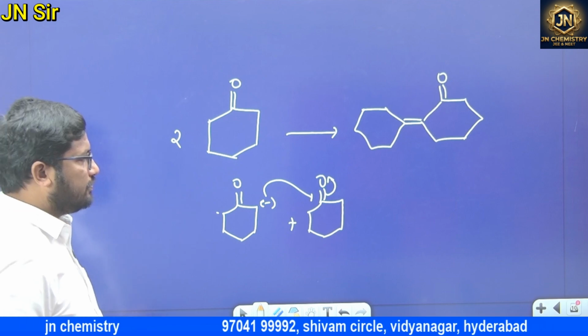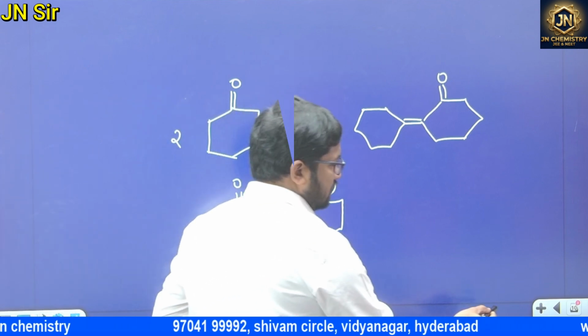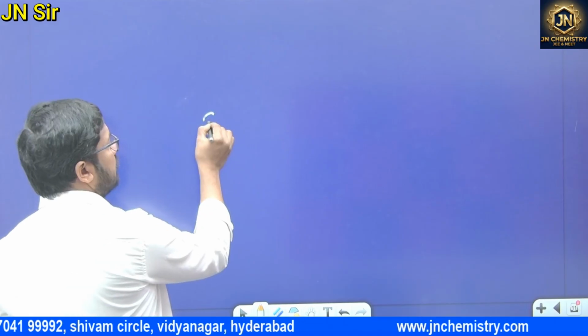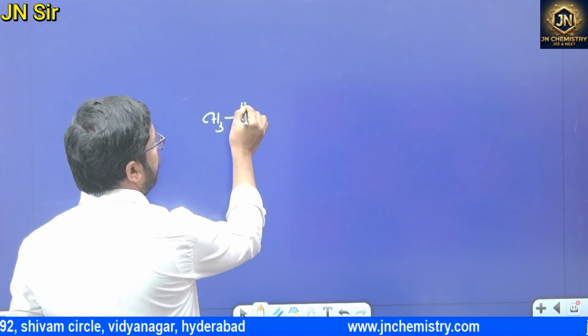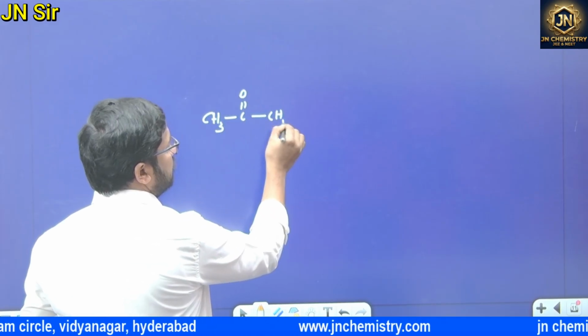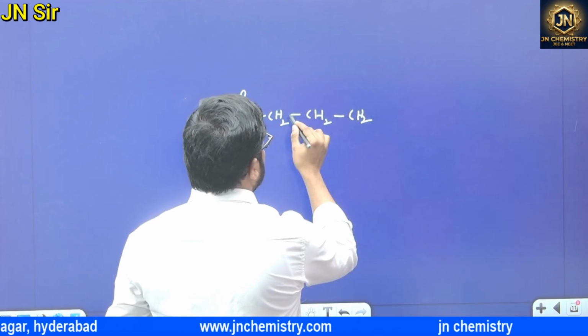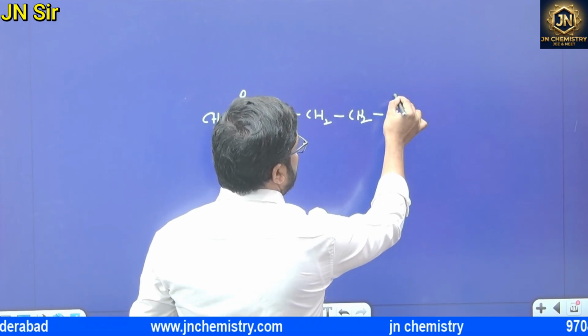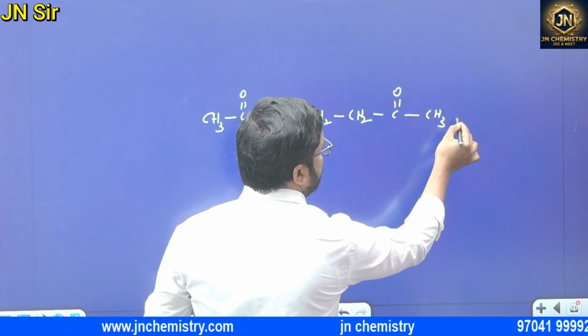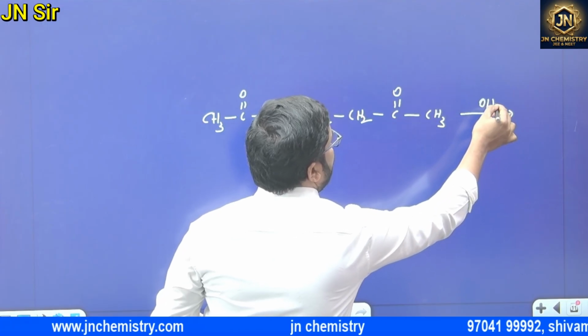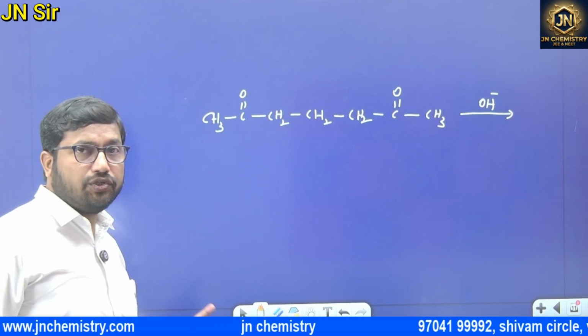Okay. Next, intra-aldol condensation, within the molecule. For example, CH3 C double bond O, CH2, CH2, C double bond O. You know the mechanism, that's the reason I told you the mechanism.